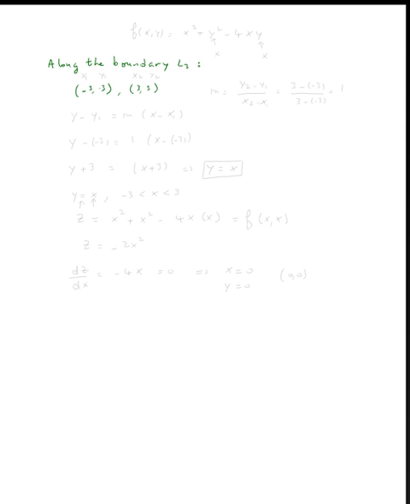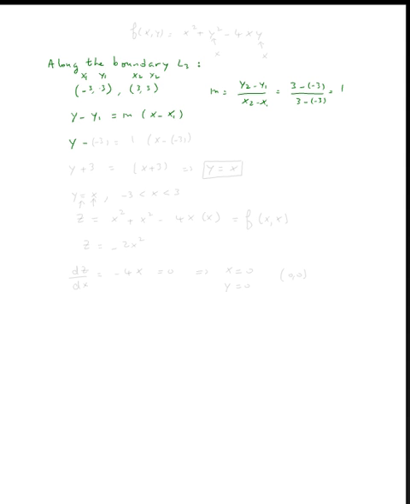So equation of a line will be what? y minus y1 is equal m times x minus x1. I need to find the slope. My slope is y2 minus y1 over x2 minus x1. So 3 minus negative 3 over 3 minus negative 3, that would be 6 over 6, which is 1. I'm calling this point x1, y1, I'm calling this point x2, y2.